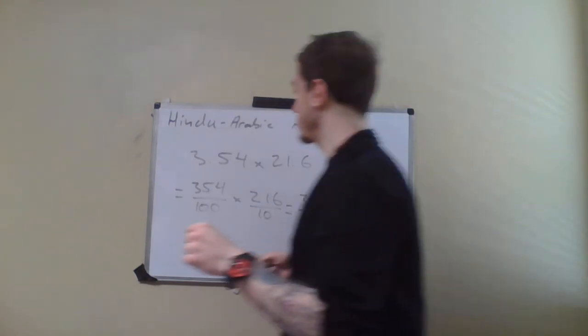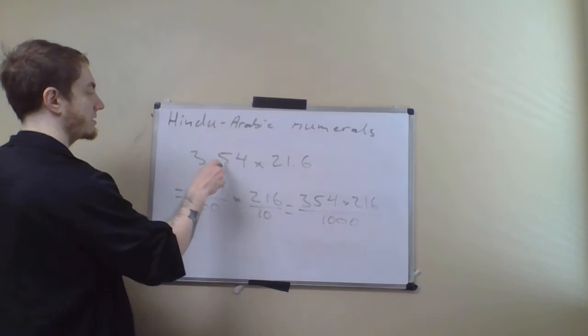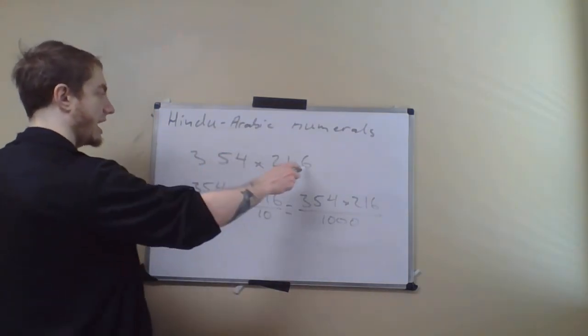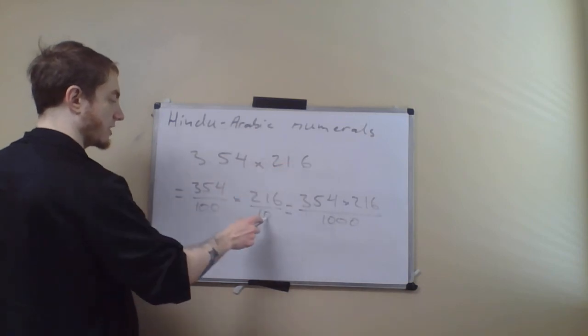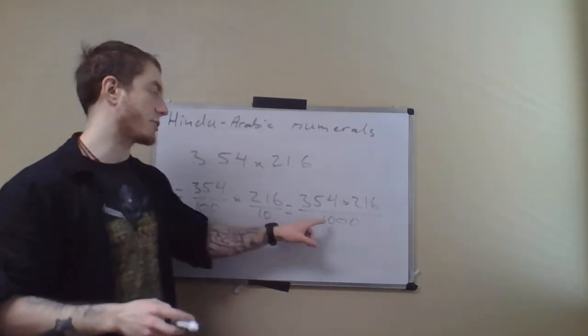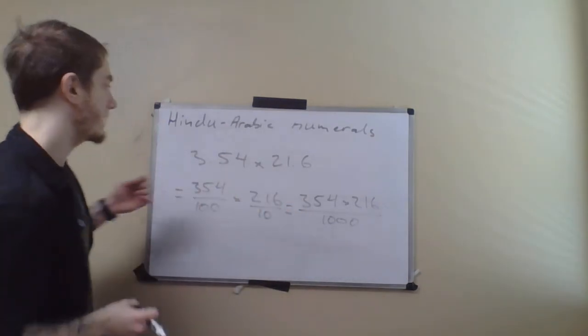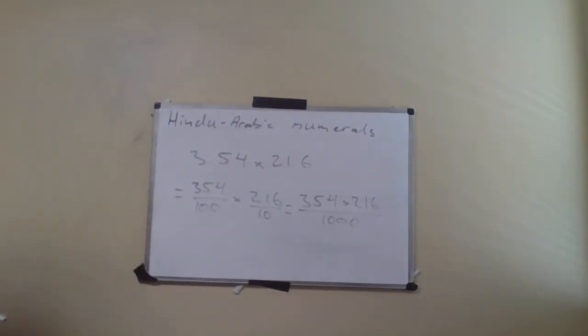But you'll notice that those 3 places come from the fact that I've got 2 places here, that gave me the 100, and a single decimal place here, which gave me the 10. That's where I got the 3 zeros for this 1000. And that's really where all of these rules come from.